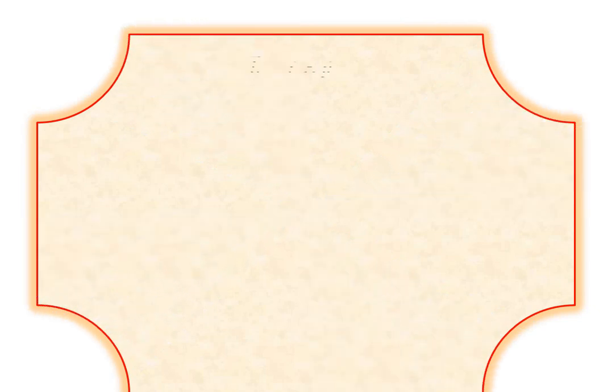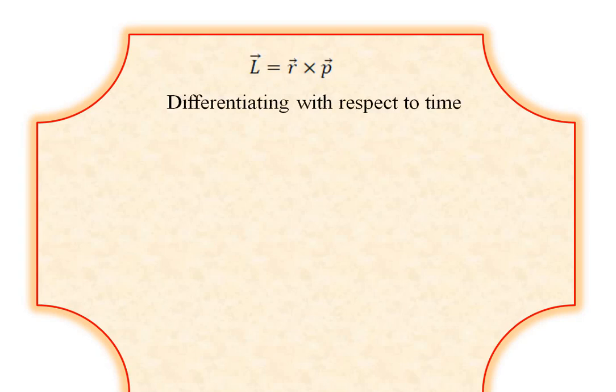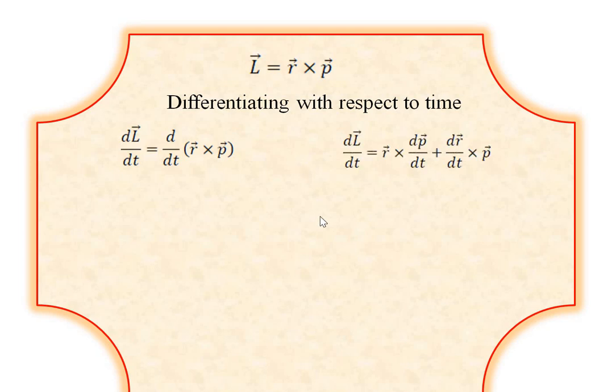From this we calculate some derivations, some mathematical steps. We know the equation L vector is equal to r vector cross P vector. Differentiating this equation with respect to time, we get dL vector by dt is equal to simply d by dt of r vector cross P vector. So here, applying the differentiation rule to this equation, we get the new form: dL vector by dt is equal to r vector cross dP vector by dt plus dr vector by dt cross P vector.